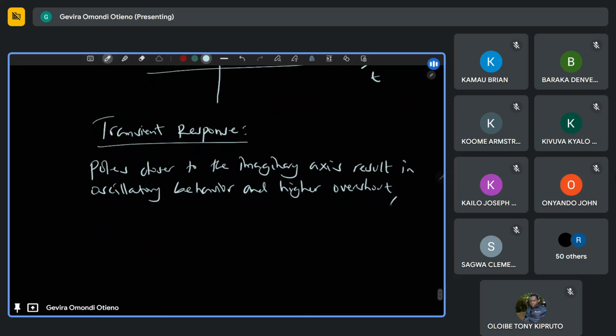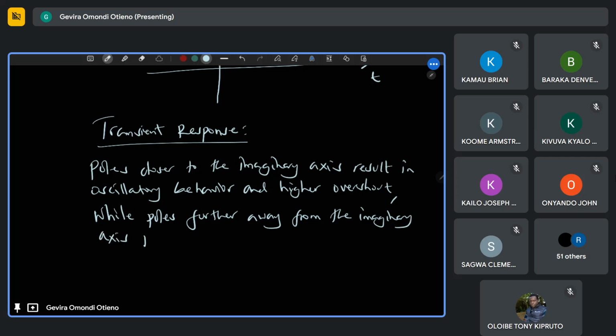So you can say, because you have to say both sides, while poles further away from the imaginary axis, okay, just say left half plane, lead to faster settling time.